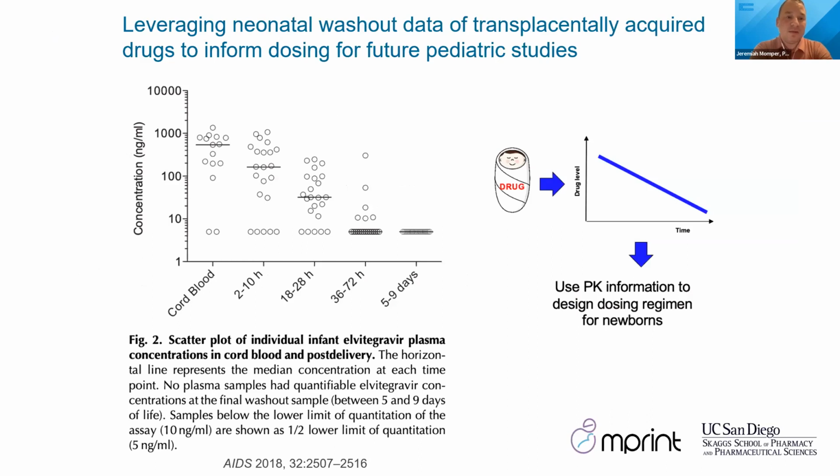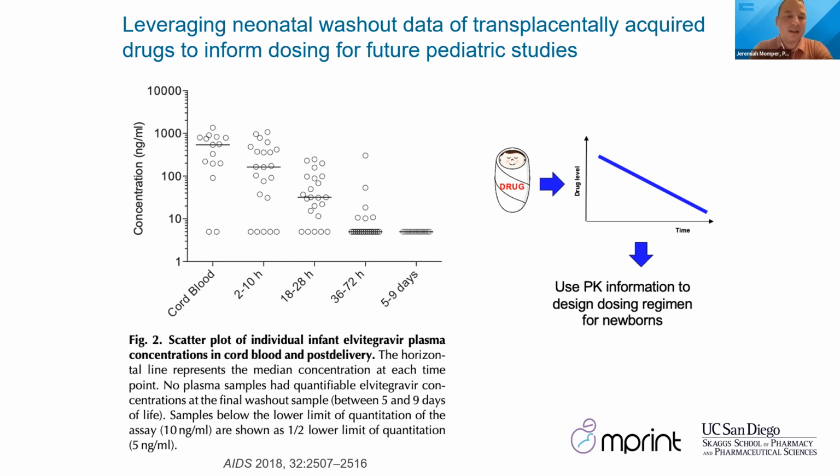So just one example of using capillary heel sticks, and these data include both capillary heel sticks as well as venous blood draws, but just illustrating some of the utility of what we call washout data from transplacentally acquired drugs to really drive and inform future pediatric studies. So in this example, we looked at the drug elvitegravir, which is used for HIV, but these were infants born to mothers receiving elvitegravir for clinical care.